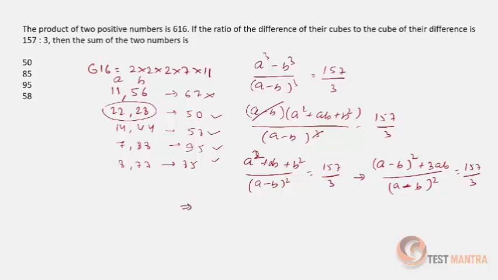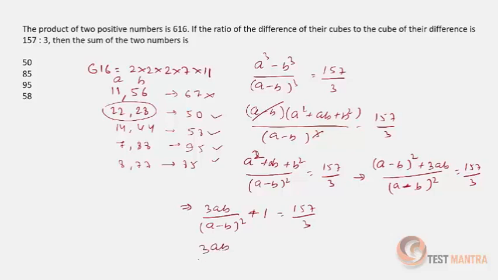Now further, if we solve this, this is cancelled out, so I can say 3ab divided by a minus b whole square plus 1 should be equal to 157 by 3. Now it will be easy for us to work on because I know the product is equal to 616, so I can directly utilize this.